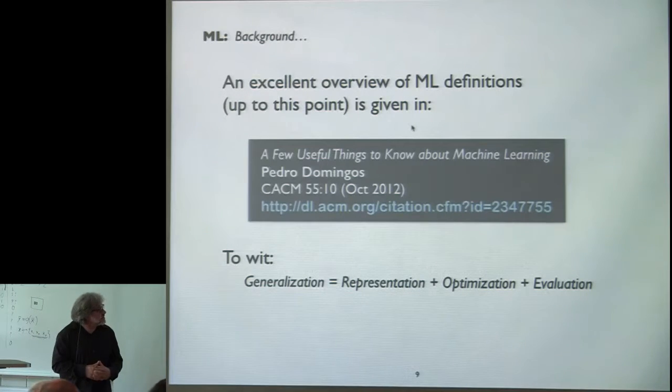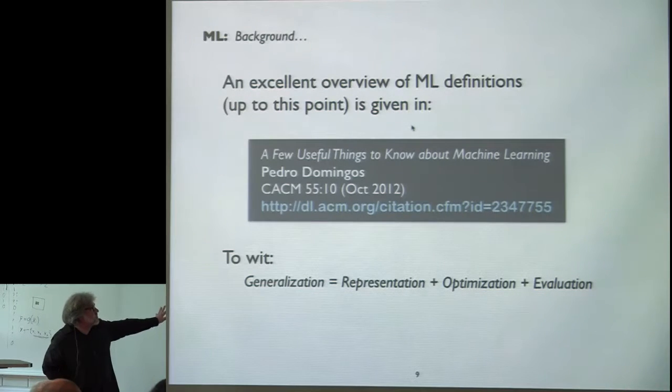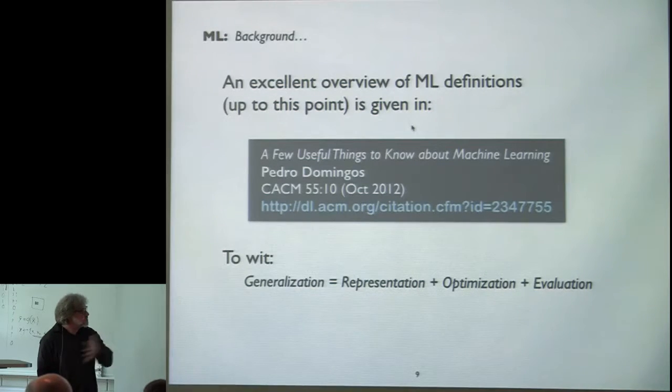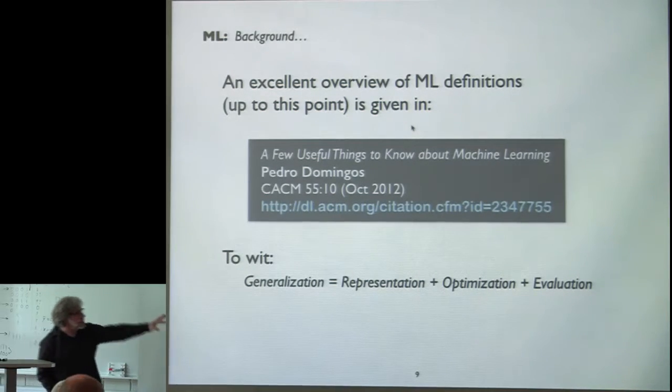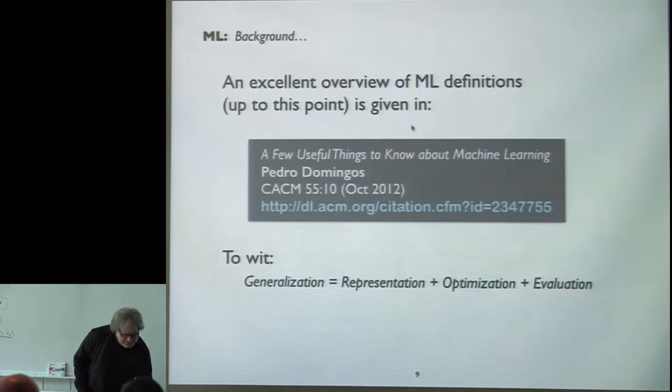But the thesis there is that we're working off of a type of generalization. It's based off of representation, coming up with your features, something that's computable representation, and then building the learners, optimizing the learners, and then from there evaluating the models that come out. And so he's able to take all these different disciplines that have contributed and align them in this way. So I definitely recommend that.